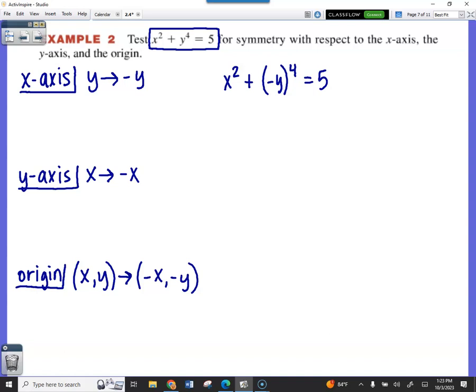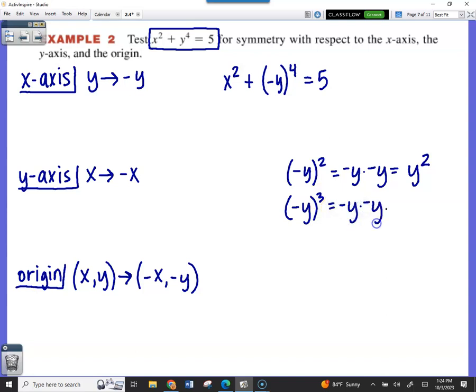Let me help you out there. Negative y squared is negative y times negative y, which ends up being y squared, right? Negative y cubed is negative y times negative y times negative y, which would be negative y cubed. I don't need to go any further because there's a pattern.